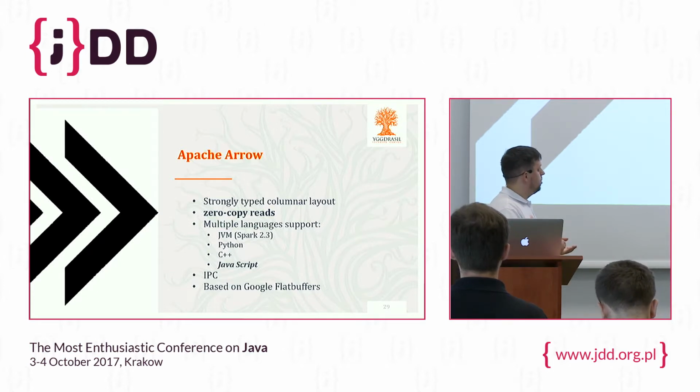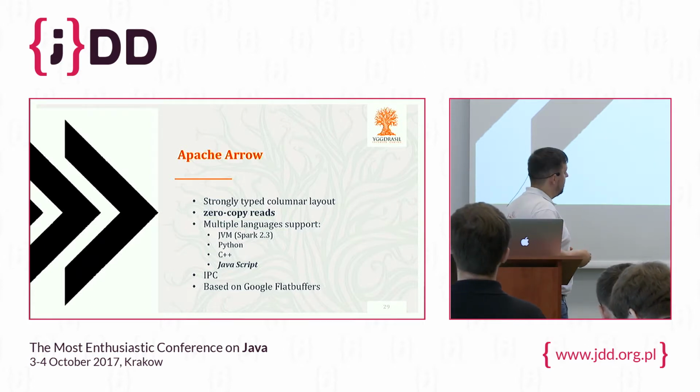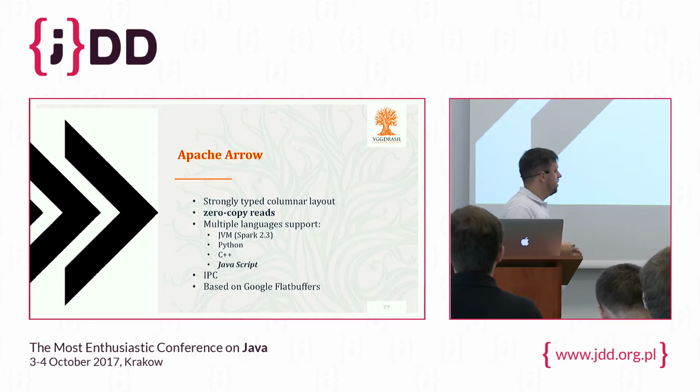Starting from the JVM implementation in Spark, which will be released in the near future, you can use it in Python, C++, and the latest news is JavaScript. So maybe we will end up coding huge applications in JavaScript, because everyone needs that in this space.